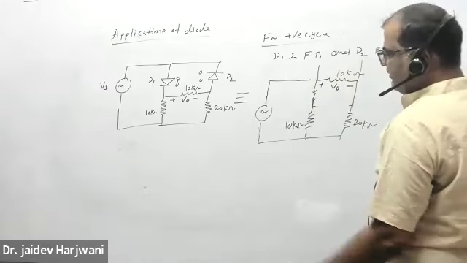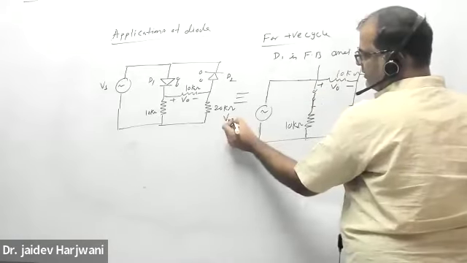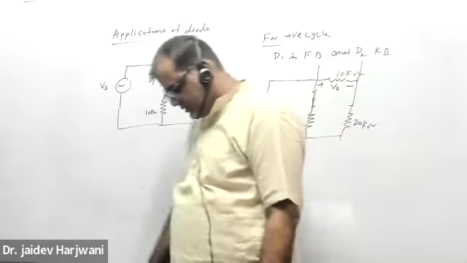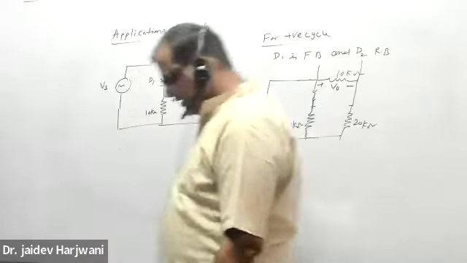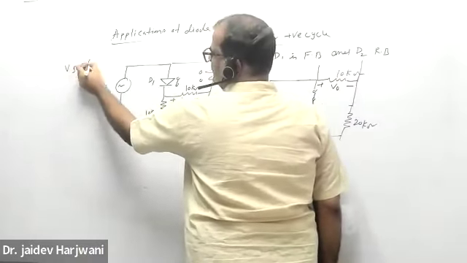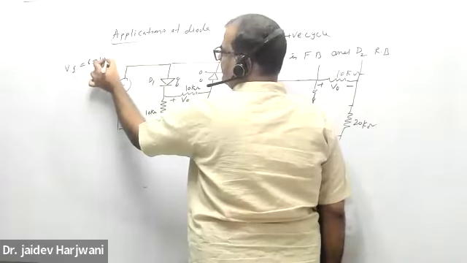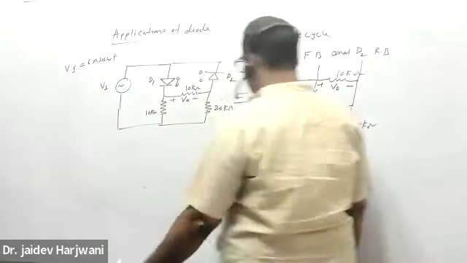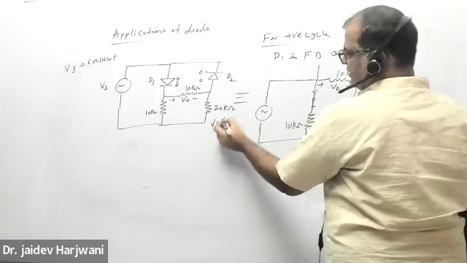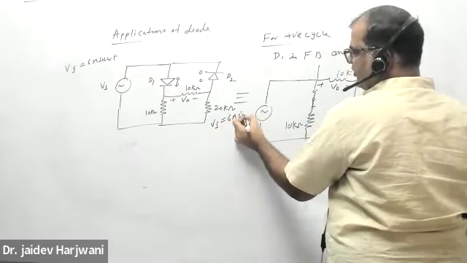So how can I find V output? Tell me how to find. Here the Vm value is also given. V input is given as 6 pi sine omega t, so Vm is 6 pi.